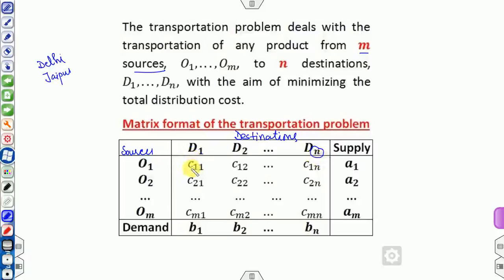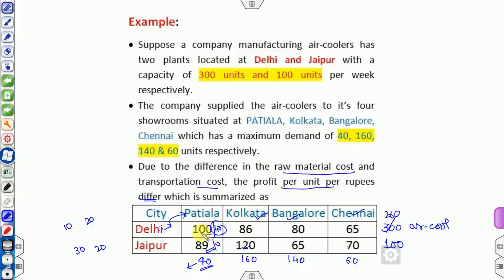Okay, and what is the C11? That is a cost, the transportation cost of source 1 to destination 1. That is the C11 transportation cost, bringing from O1 to D1. Look at the previous one, this is my C11.